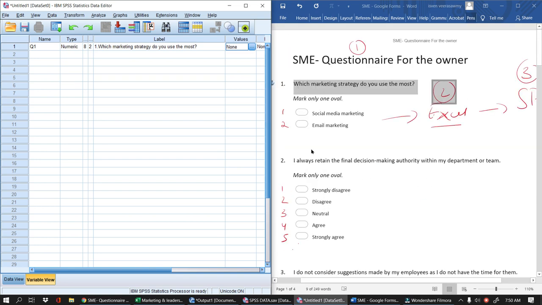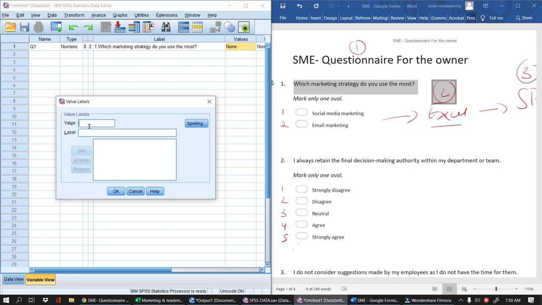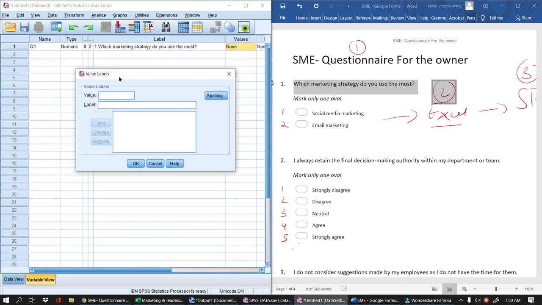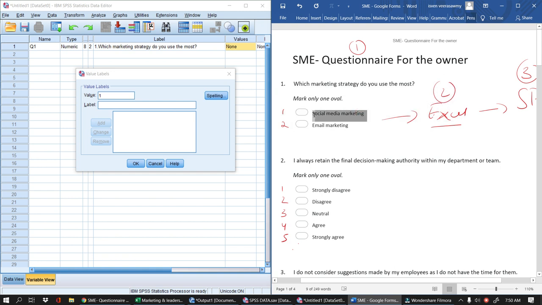So let's do the coding for the first one. You click on the 3 dots over here. You will be prompted by this small window. Now you tell SPSS what the value 1 corresponds to.